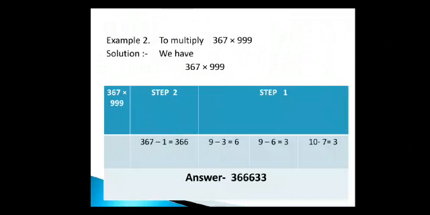So 9 minus 6 is equal to 3, and again 3 is subtracted from 9. So 9 minus 3 is equal to 6, and 1 is subtracted from the whole number 367. So 367 minus 1, we get 366. So the answer is 366633.